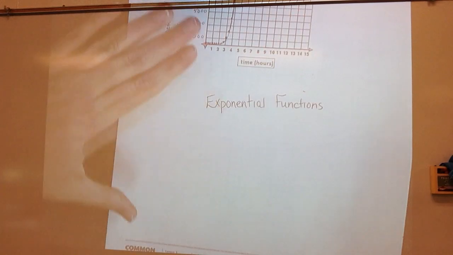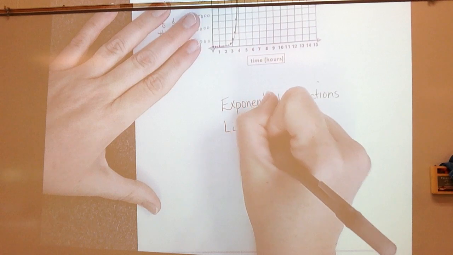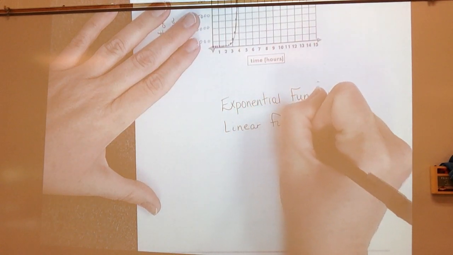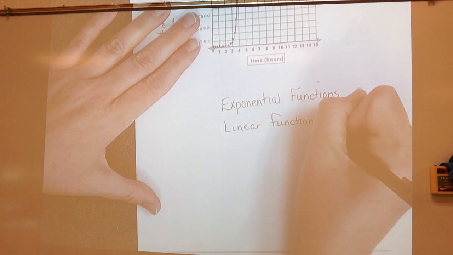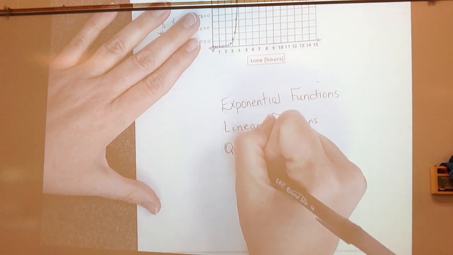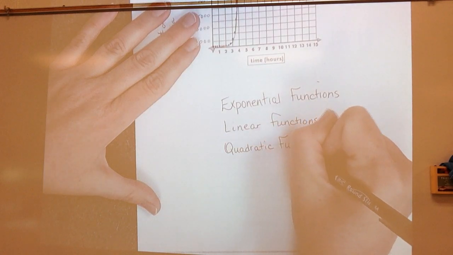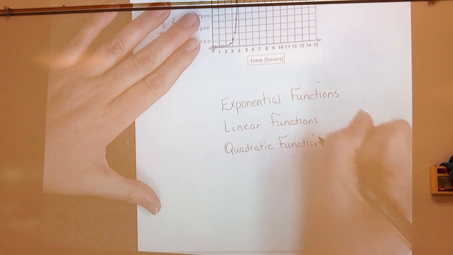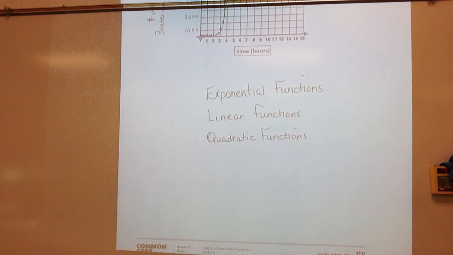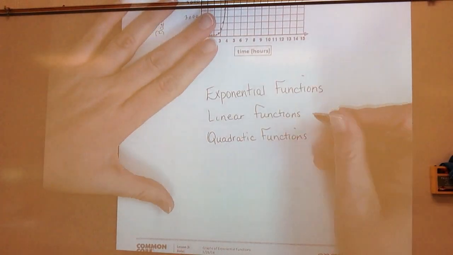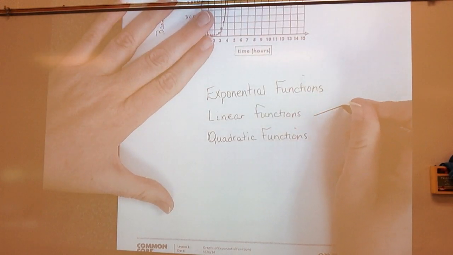We have talked about linear functions. We have talked about quadratic functions. And today we added exponential functions. Really quick review about the 3 types of functions. What do we know about a linear function? It looks like what when we graph it? Linear functions are straight lines.